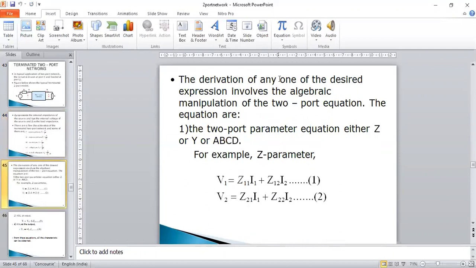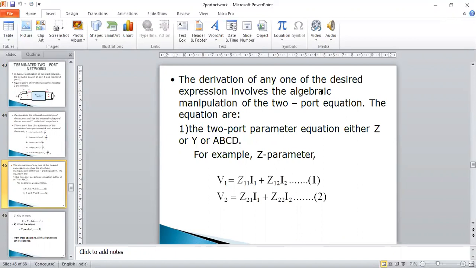The derivation of any of these desired expressions involves algebraic manipulation of the two-port equations. Do you remember that if we write in terms of Z parameter or Y parameter or ABCD parameter, we have to write its principal equation.